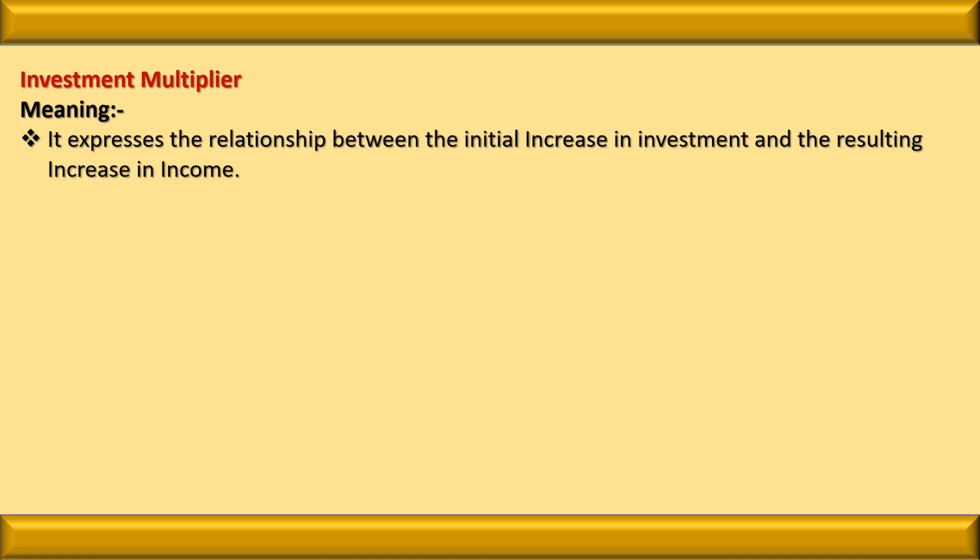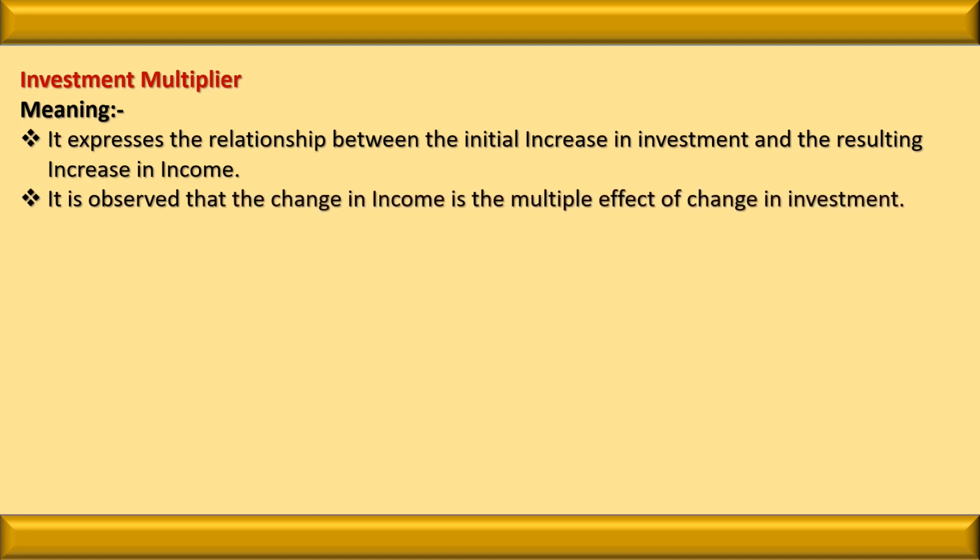If we increase the investment, income increases manifold, and when we decrease the investment, income decreases manifold. So this direct relationship between investment and income is called investment multiplier. It is observed that the change in income is the multiple effect of change in investment.